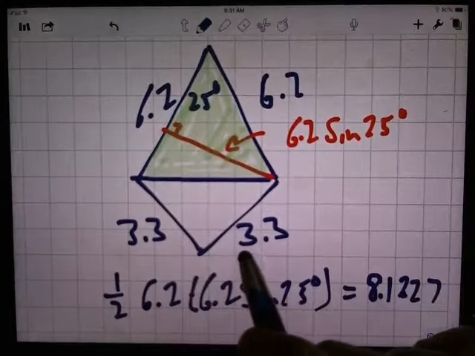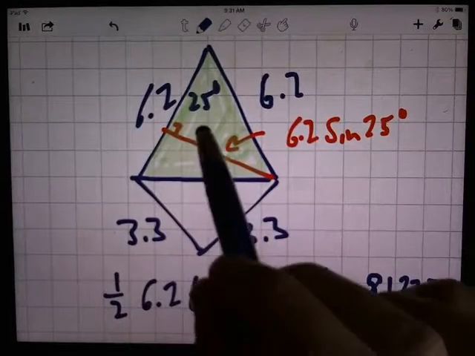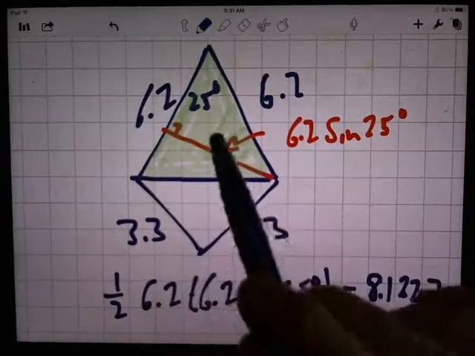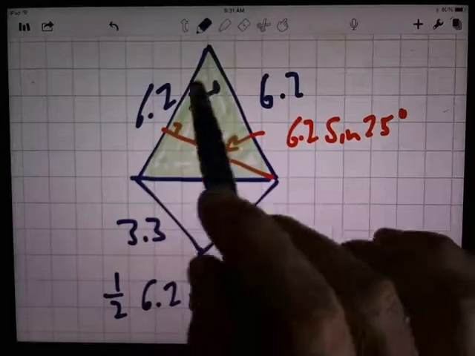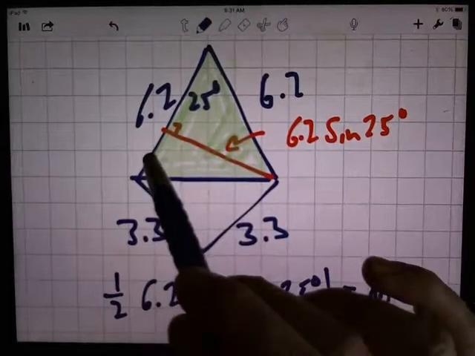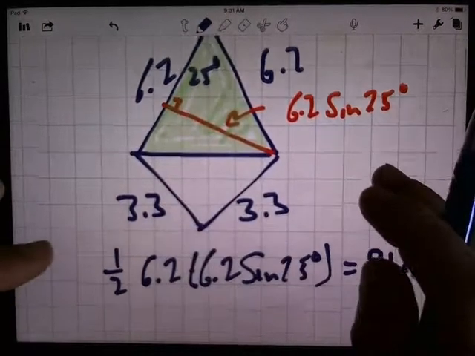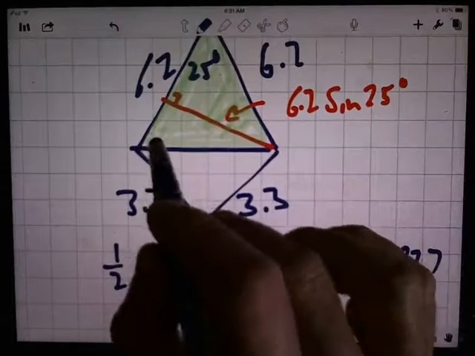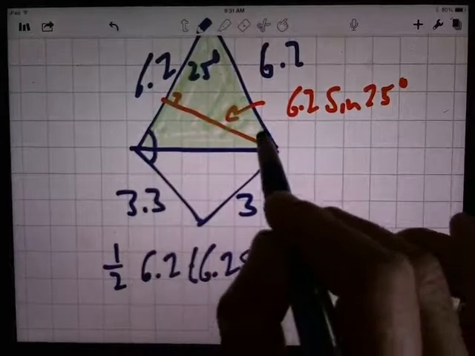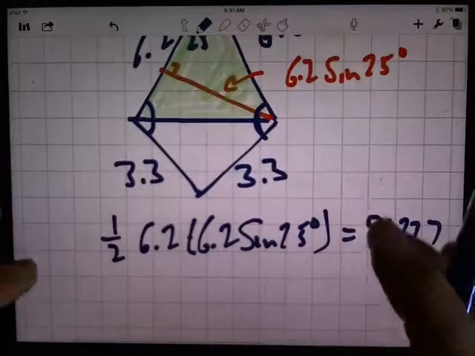Now I need to figure out the area underneath here. One thing to notice is that the sum of the angles in that kite is 360 degrees. Each triangle is 180 degrees, and so the total is 360 degrees. I know that this angle right here is the same as that angle right there.